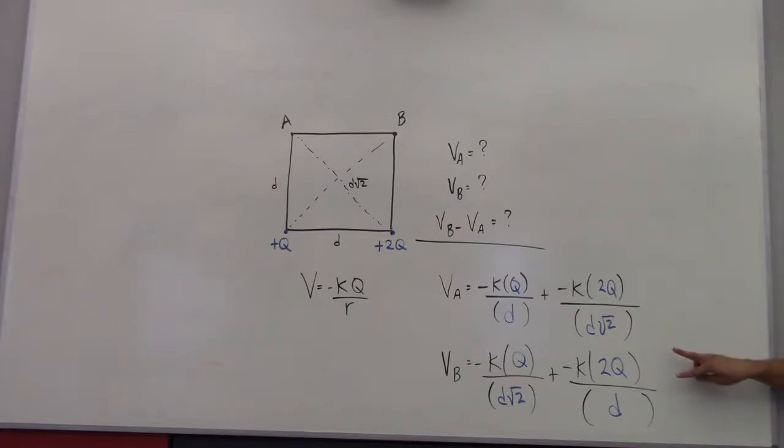So let's do a quick poll. They look very similar. Yes, the denominators are different. Which one's going to be the higher one, and which one's going to be the lower one? Show of hands for a vote. Is the voltage at A going to be higher than voltage at B? Yes, no, maybe so.